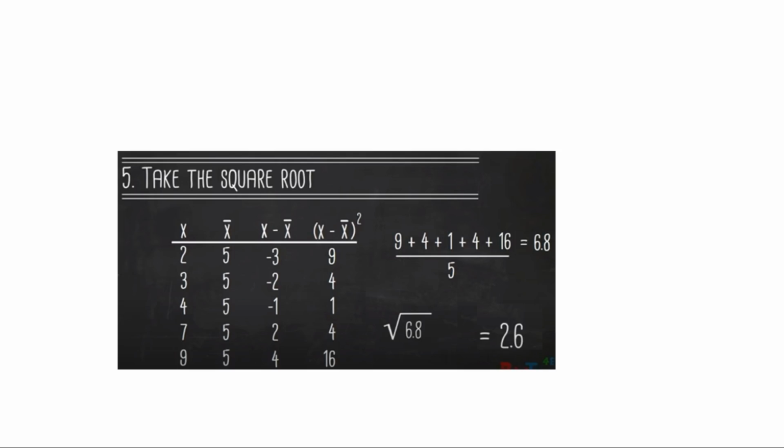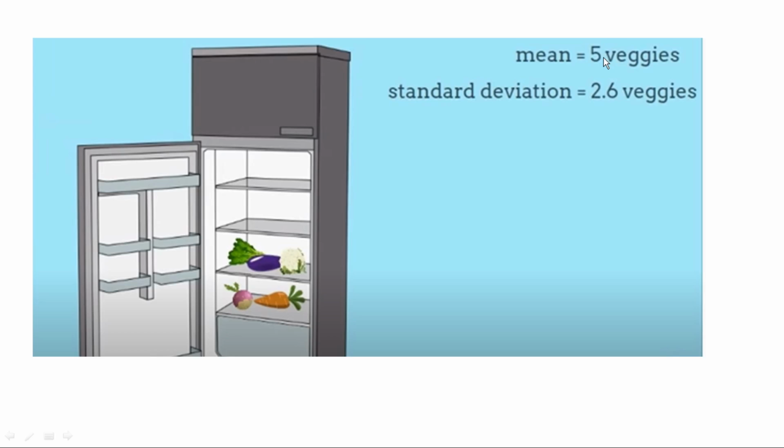I hope that up to this point there is no doubt. We have to remember the steps and procedures we followed; that is very important. So look at the screen. 2.6 is the value we have calculated. In the very first step, we concluded that among the 5 friends, their refrigerators possess 5 vegetables on average. But the first person's refrigerator has only 2 vegetables, which differs from 5 by 3.